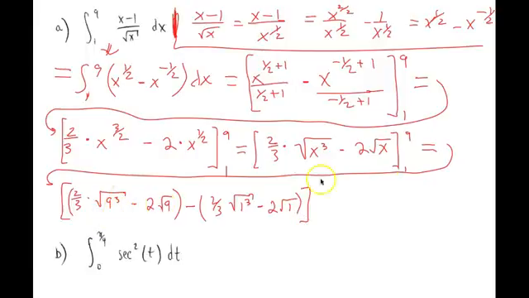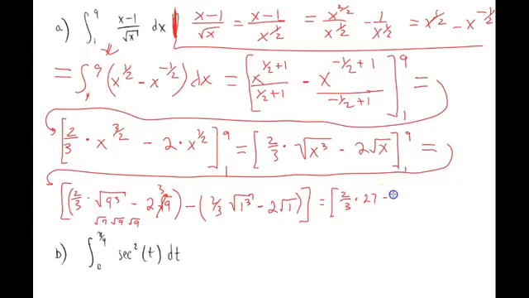All right, so now in evaluating this, we see that square root of 9 cubed is just like saying square root of 9 times square root of 9 times square root of 9. And of course, we know that square root of 9 is just 3. So for each of these, we have 3 times 3 times 3, which is 27. So this would be 2/3 times 27 minus, of course, square root of 9 is 3.